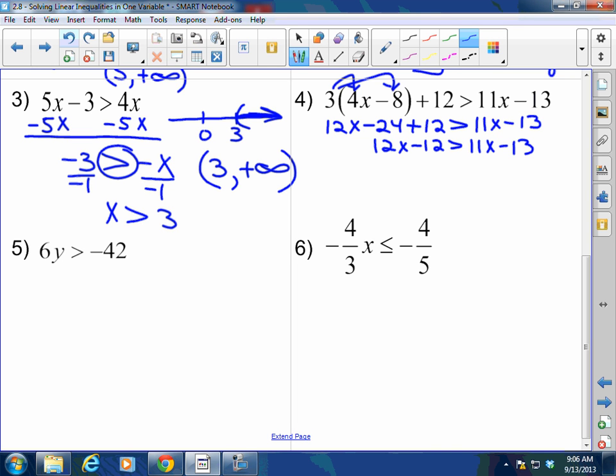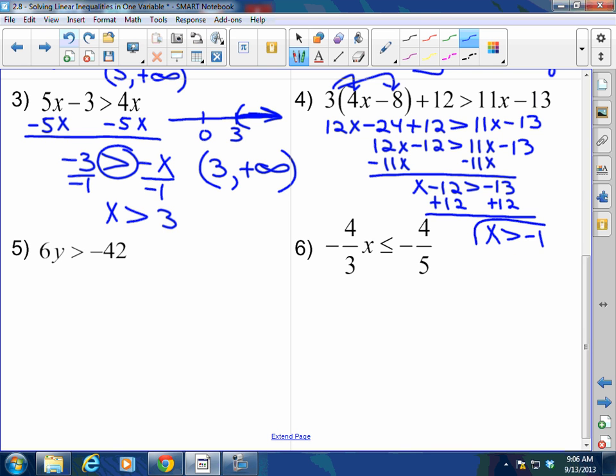Get the variables on one side. Subtract 11x from both sides. I have x minus 12 is greater than negative 13. I have a one-step equation here. I undo subtraction with addition, so I add 12 to both sides. And I get x is greater than negative 1.